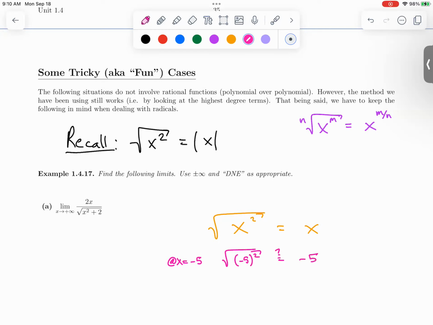But the square root of -5 squared is the square root of 25, which is equal to 5. And so we would be saying that 5 is equal to -5, which is not true. So that is the problem. The absolute value sign is necessary because the square root always produces a positive value.